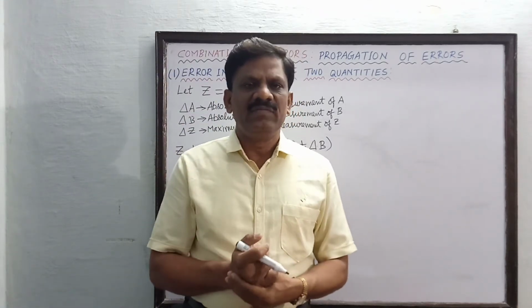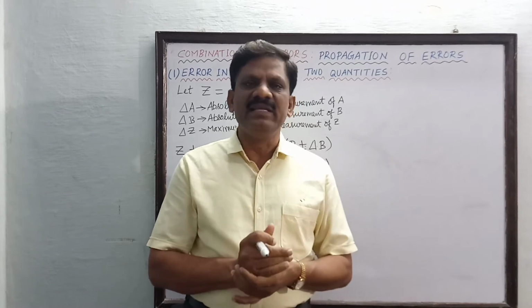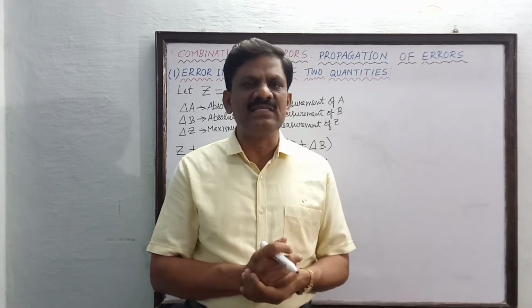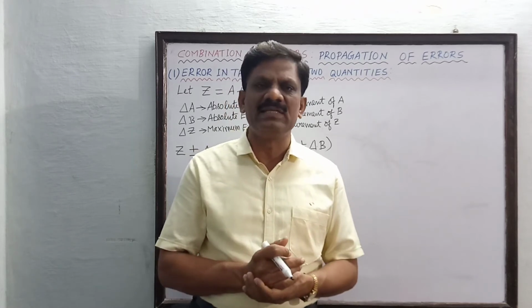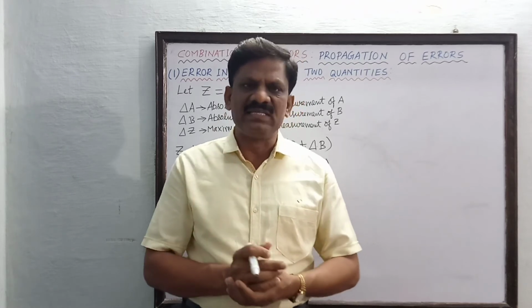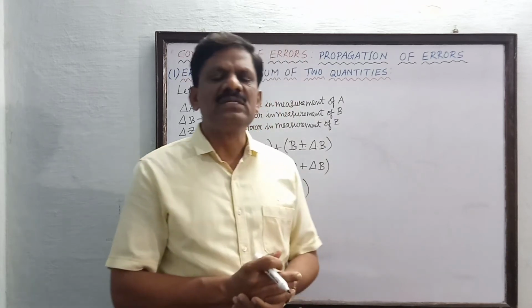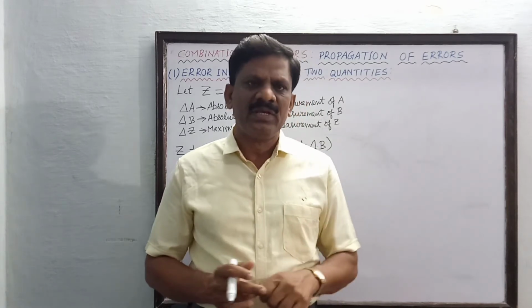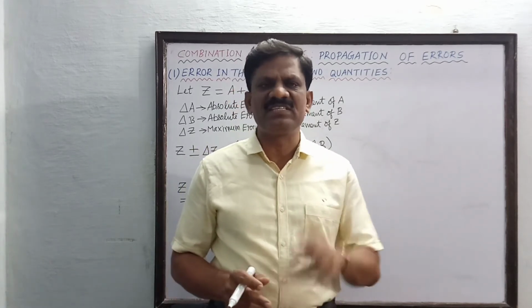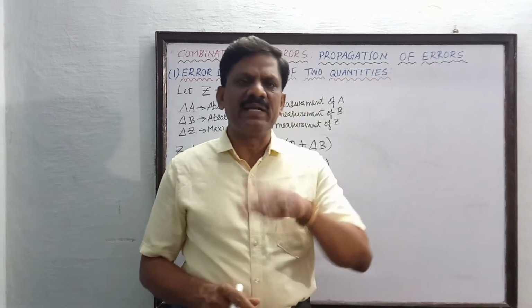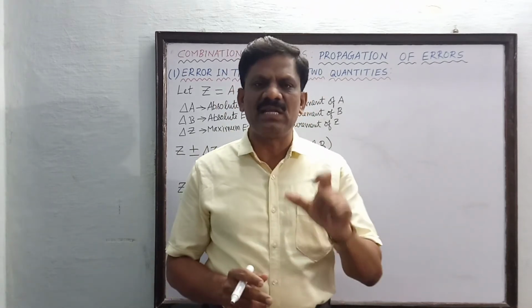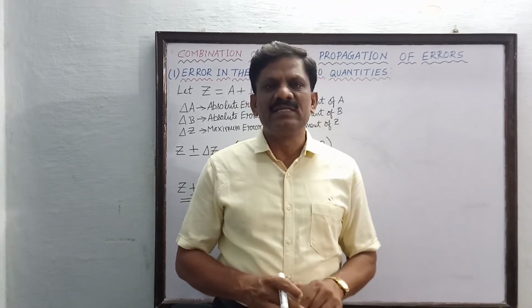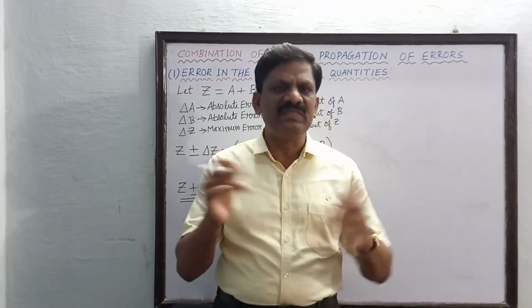Now for example, we have studied resistors in series in the 10th standard. When two resistors are connected in series, the effective resistance is equal to the sum of the two individual resistances. Suppose you measure the resistance R is equal to V by I using Ohm's law, and you commit some error in the measurement of the first resistor R1. Similarly, you connect the second resistor R2 in the Ohm's law apparatus and R2 also has some error. So what is the error caused in the sum of these two resistors?